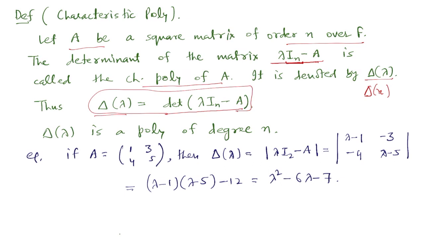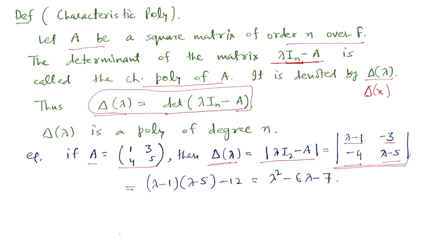We can see that if A is a 2 by 2 matrix, then delta lambda will be equal to the determinant of lambda I_2 minus A. Lambda I_2 minus A becomes this one, lambda minus 1, minus 3, minus 4, lambda minus 5.